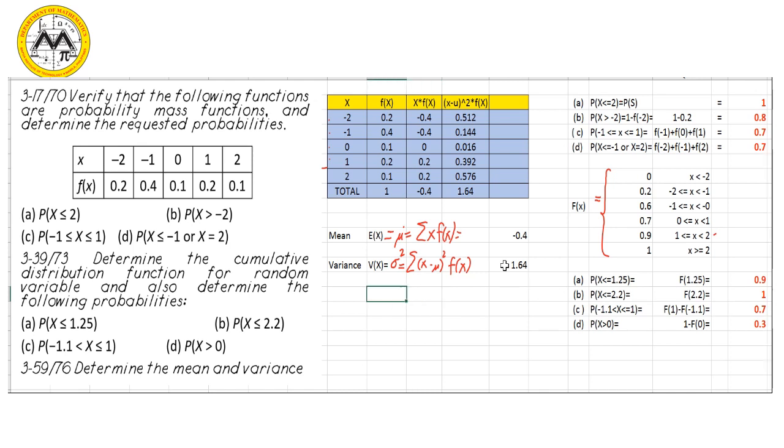Another formula is the expected value of x squared minus mean squared. So what we do is to get x squared times f of x. So we square x and then multiply it by f of x. So we do that for the entire table. You check, negative 1 squared is positive 1 times 0.4, 0 squared times 0.1, 1 squared times 0.2. So I think this is correct. So we add that.